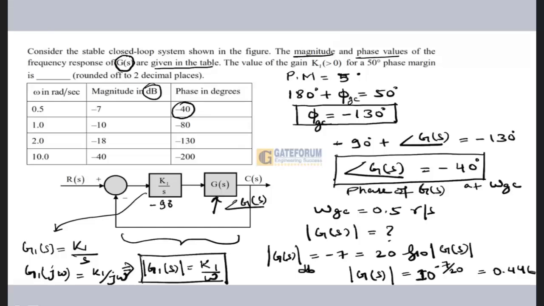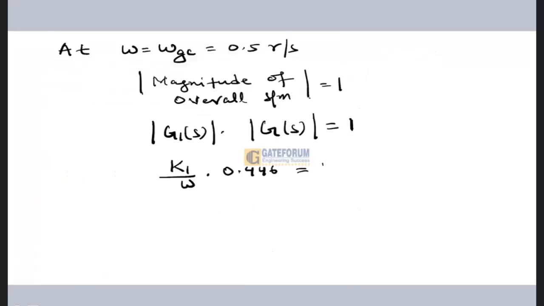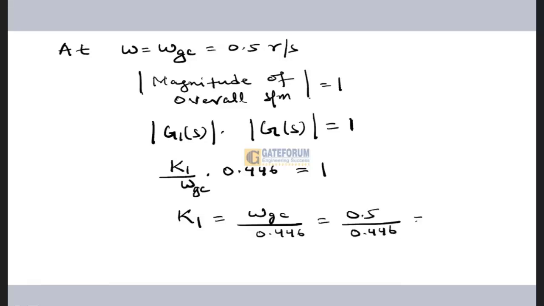So now I will equate it to 1, and omega is known to me. Omega is nothing but omega GC here, because at this particular frequency only the magnitude of the overall system will be equal to 1. So the K1 value that you will get is omega GC by 0.446, that is 0.5 divided by 0.446, which you are getting as 1.12.